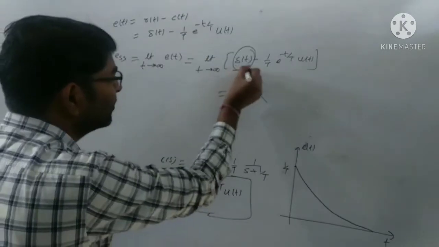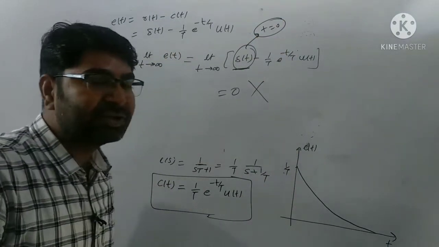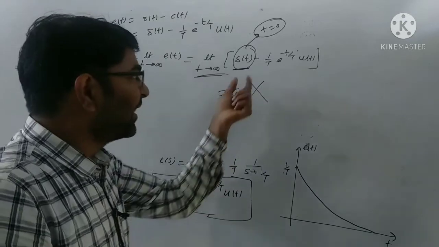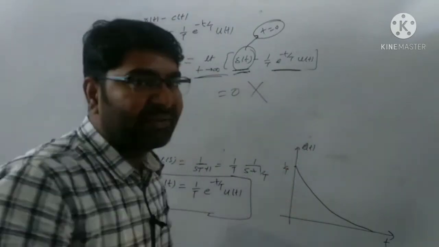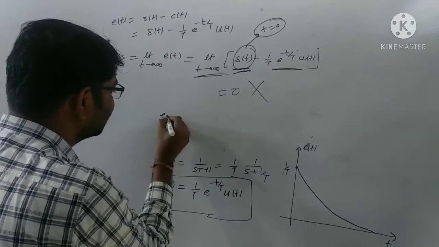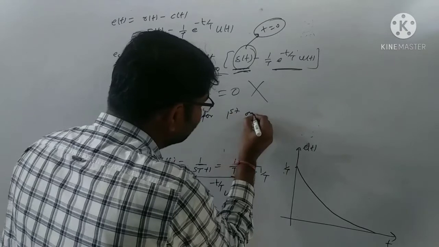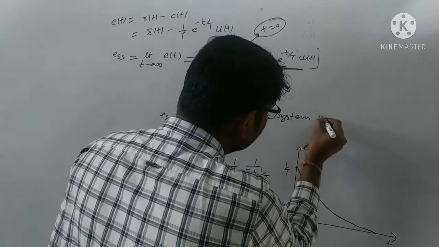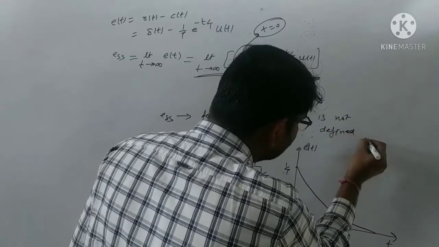Here, input is only present at t equals 0. It is not present at t equals infinity, so you cannot compare these two quantities at infinity. So my steady state error for the first order system is not defined.